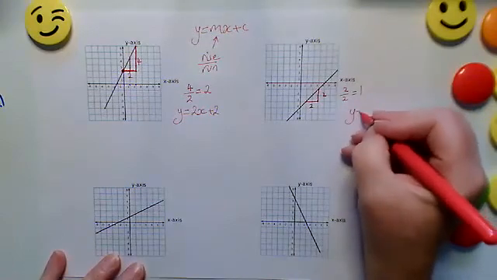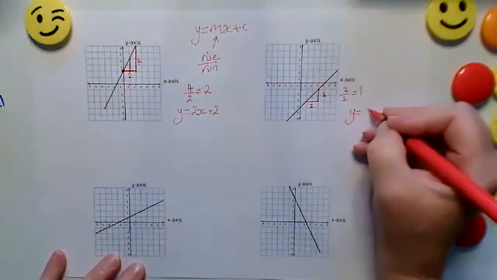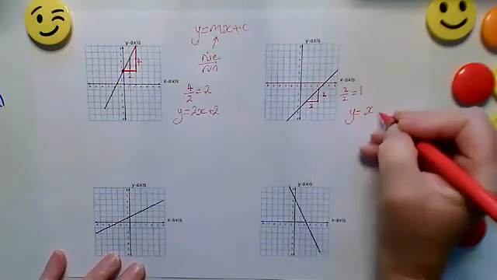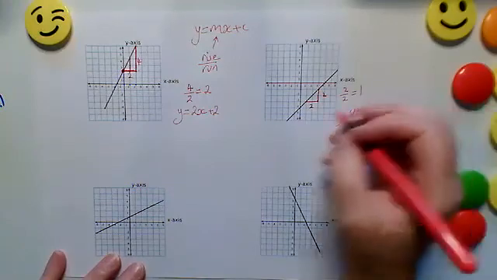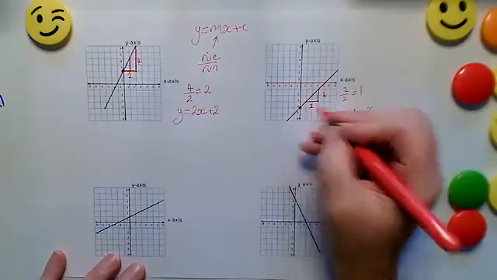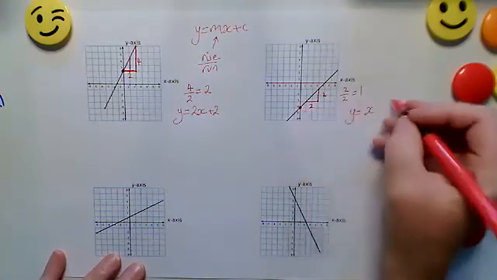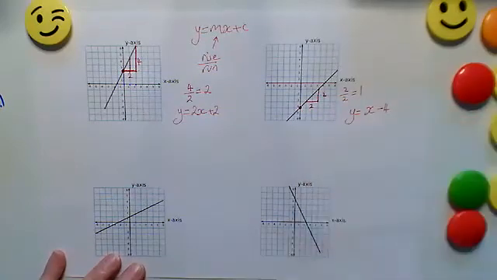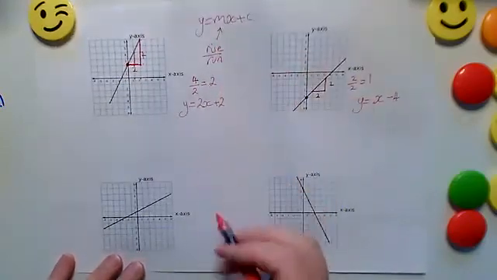Now, you don't have to write 1x. You can just write y equals x, because that is 1x. It's not wrong if you do write the 1, but you don't have to put it in. Let's have a look. Where is it crossing the y-axis? At negative 4. So that's the equation of this line. A couple more.